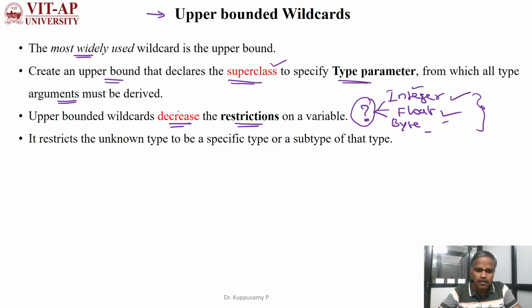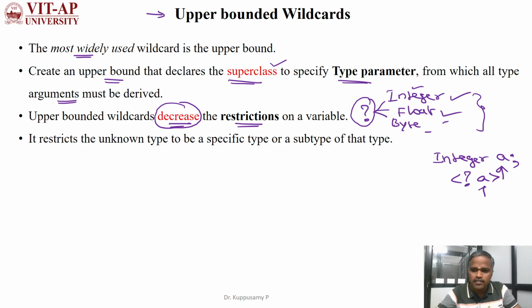So through this we are decreasing the restrictions. If you use only an integer variable object, it will accept only integer values. But when you are using the wildcard here, it will accept all kinds of data objects, that may be integer, that may be float, like that. So here we have more restriction, only integer values are accepted, but with the wildcard we don't have any restriction.